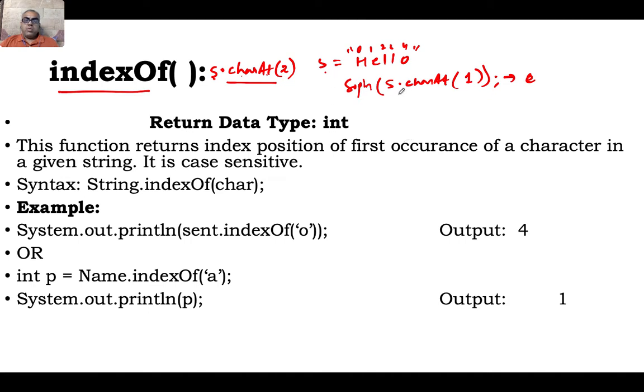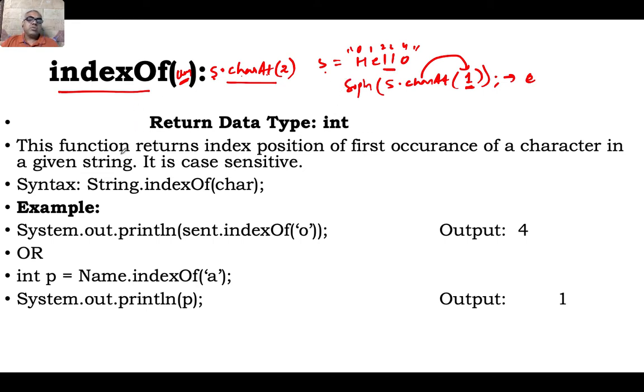Now indexOf is exactly opposite to this. Here we are providing an index position and getting the character at that index position. Now we are going to provide a character and get the index number of that character. However, we know that in a particular statement it is possible that, like even in this word, these two characters are same. So which one will it return?